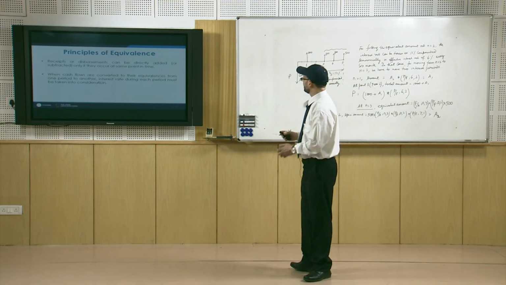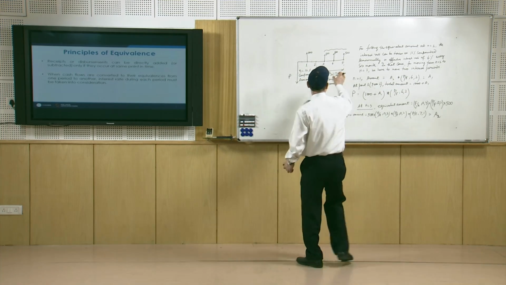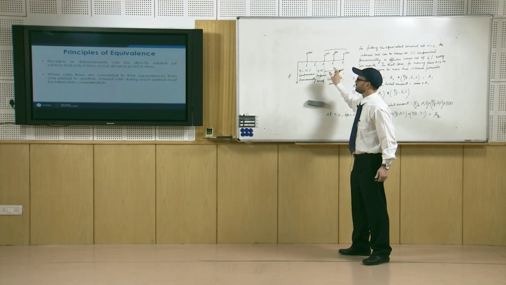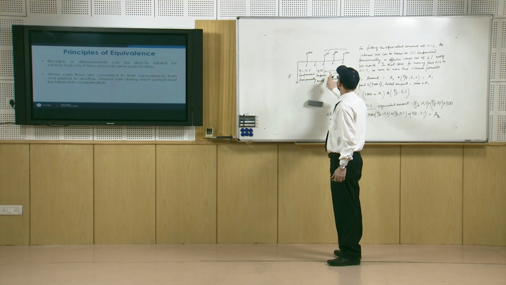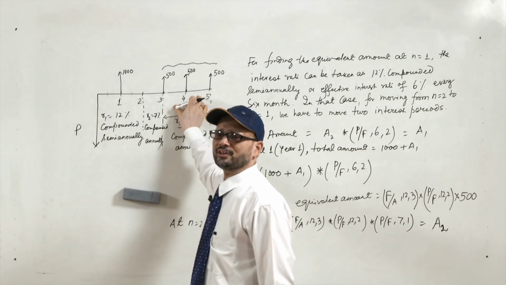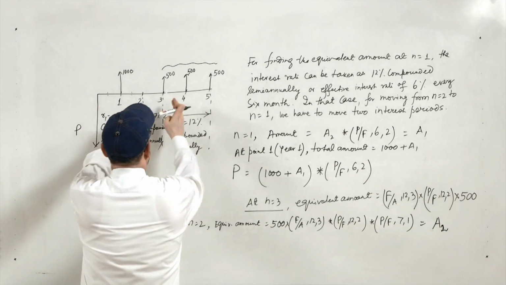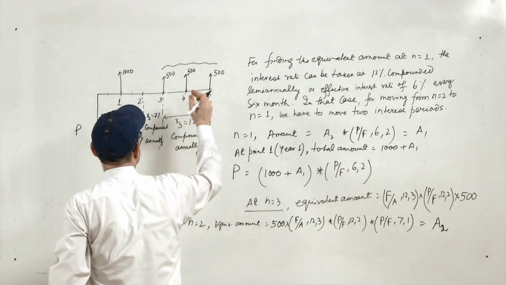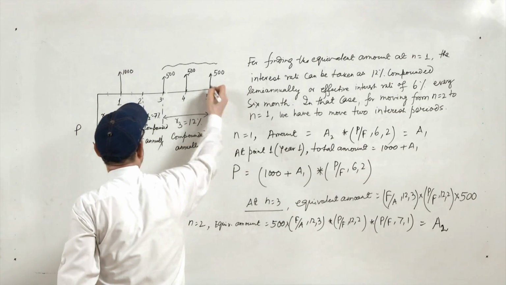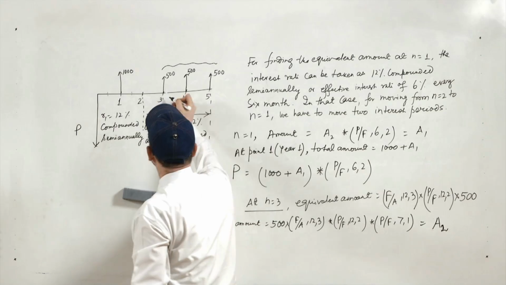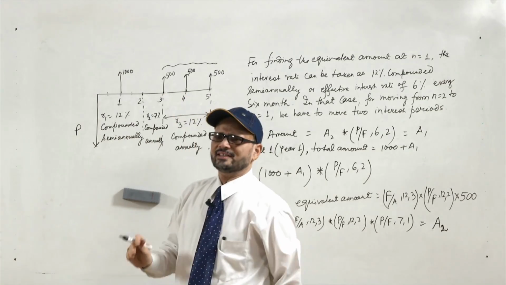So, what we see is that you cannot ignore these different interest rates which are applied during the different time periods. You cannot add them, or find the equivalent of this amount directly to this point, because there is a different interest rate in that domain.